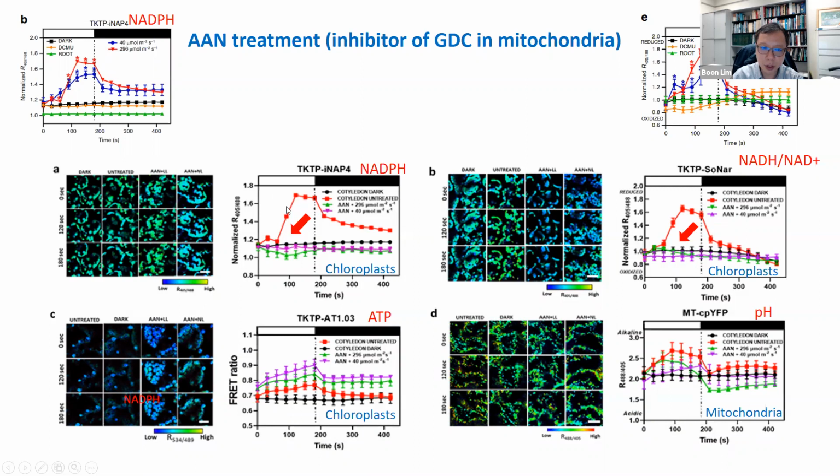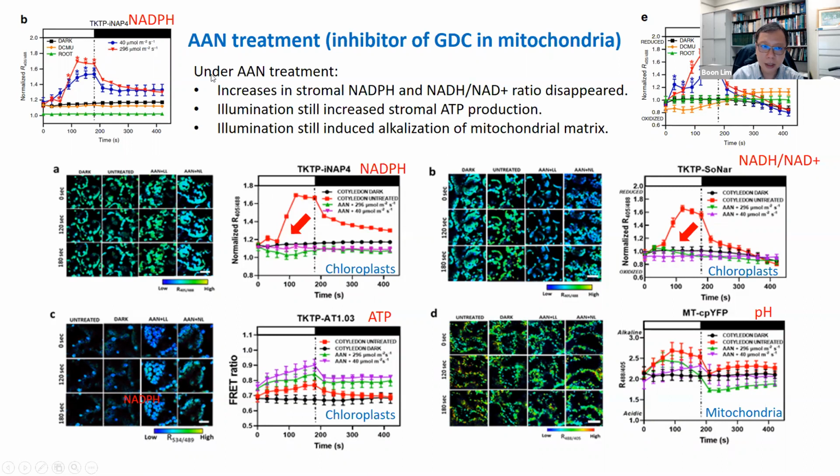This is no inhibitor, and this is with inhibitor. Under AAN treatment, the increases in stromal NADPH and NADH-NAD ratio disappear. But it still increased the stromal ATP production, and it still induced alkalization of the mitochondrial matrix.